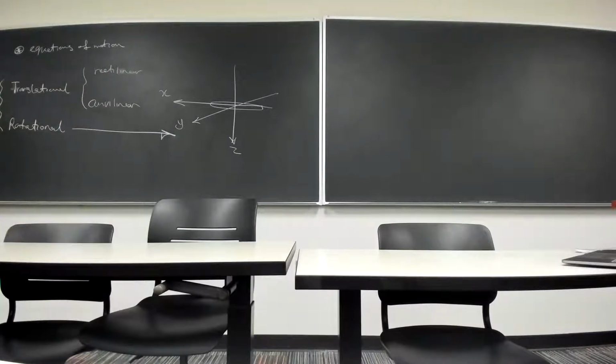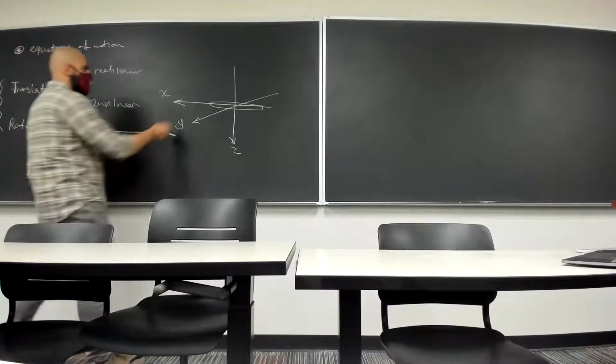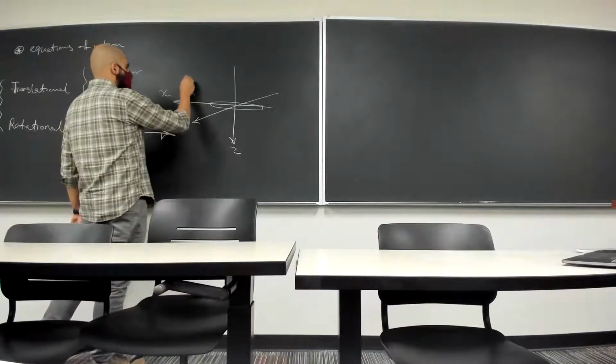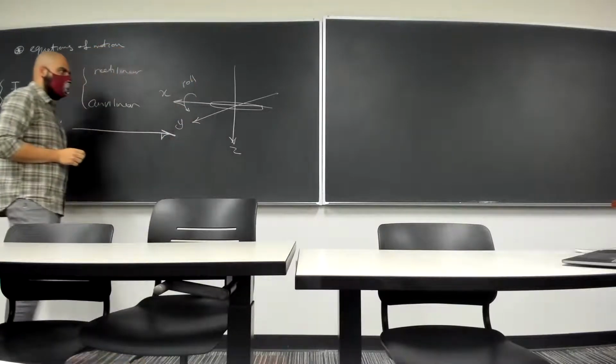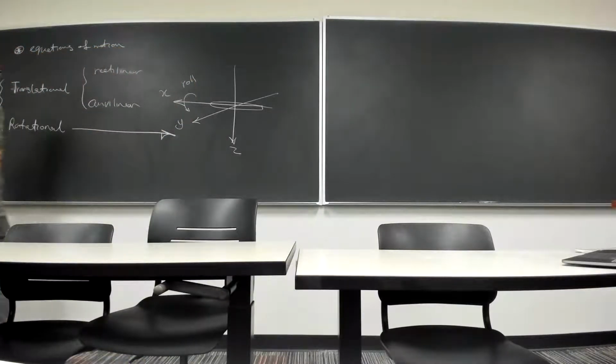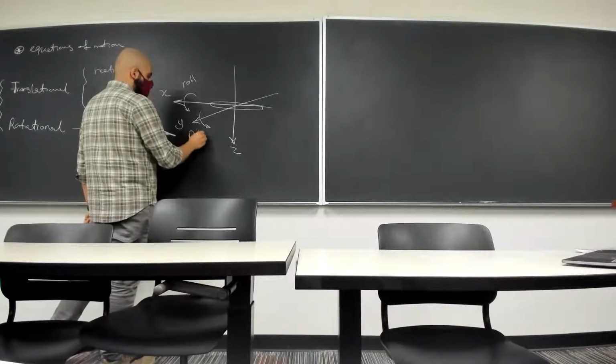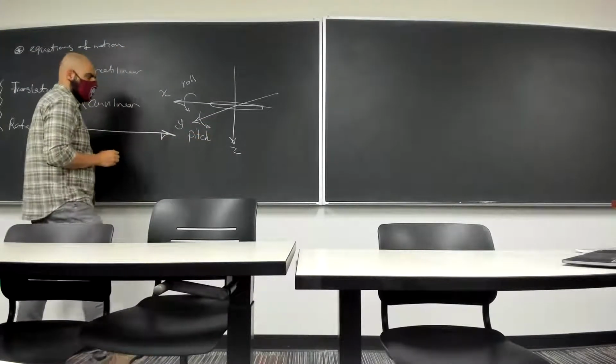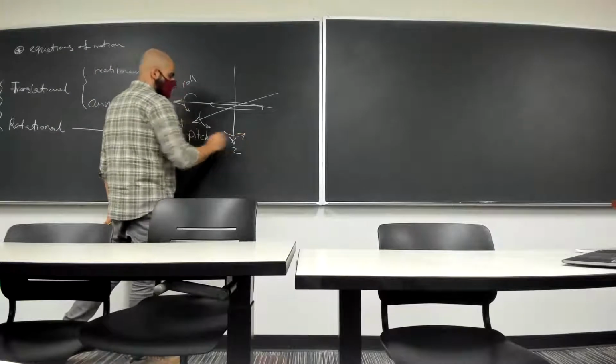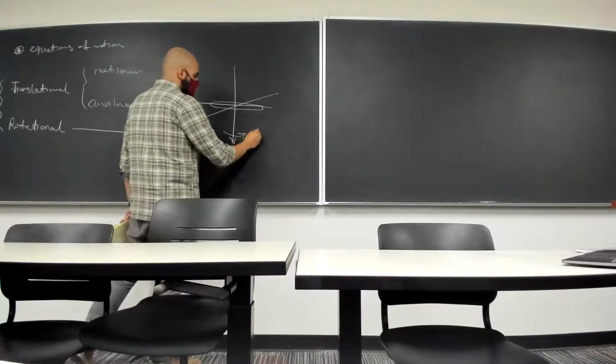What is the rotation around the X-axis? What do we call that rotation? Roll, exactly. What is the rotation around the Y-axis? Pitch. What about the rotation around the Z-axis? Yeah, exactly.